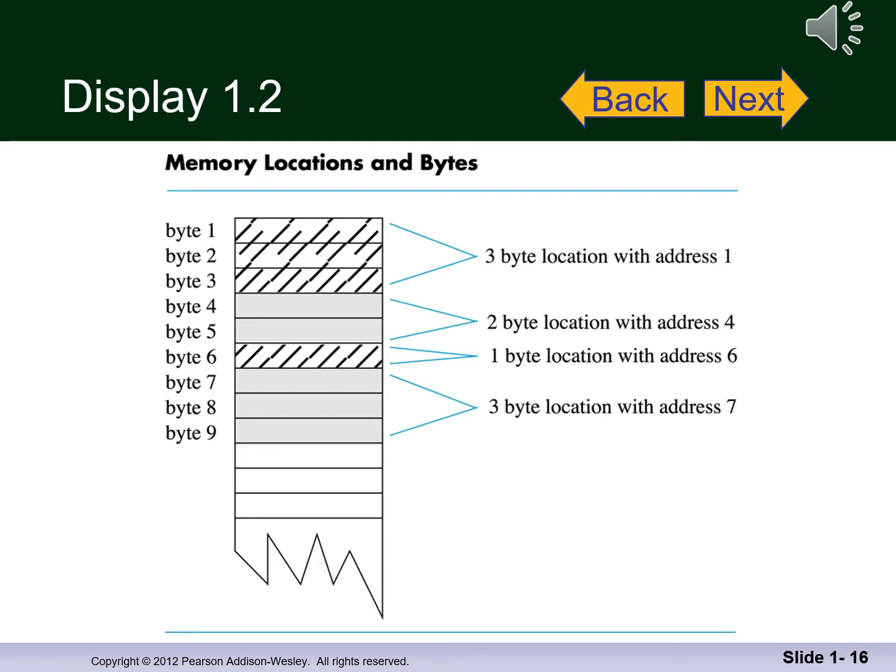And then there's a 2-byte location with address 4, a 1-byte location with address 6, and a 3-byte location with address 7. This is how pieces of information or data are stored in a computer. Now, this is greatly simplified so that it can be graphically represented, but it is, in essence, how things are stored on a storage media.